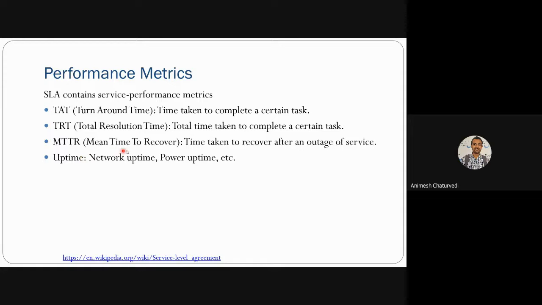So mean time to recovery is how much time it will take after some service has failed. Then uptime, network uptime, power uptime. How much time it takes to restart the network, how much time it will take to restart the power.